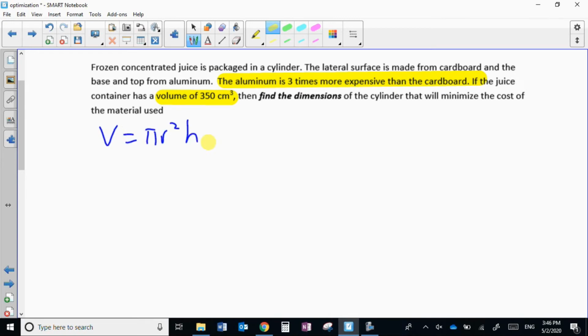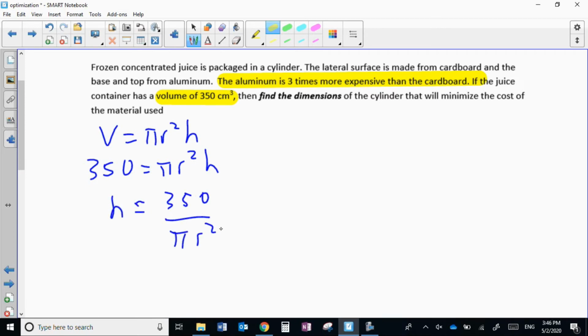Of course, we know 350 equals pi r squared h. And we can say the height in this example is 350 divided by pi r squared. Now, we don't want a surface area formula. What we actually want is like a cost formula. So the surface area formula is, of course, 2 pi r squared plus 2 pi r h.